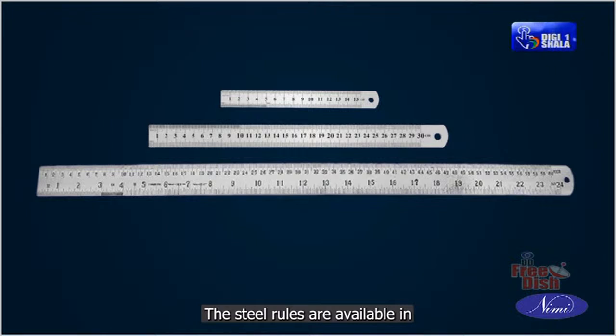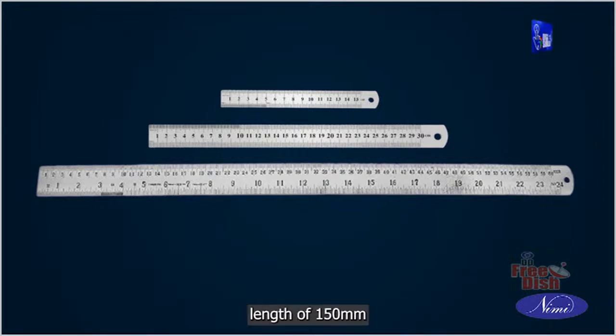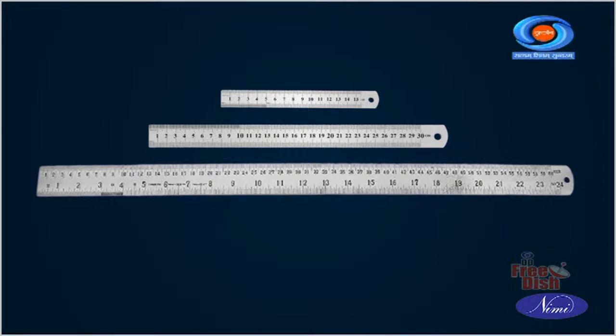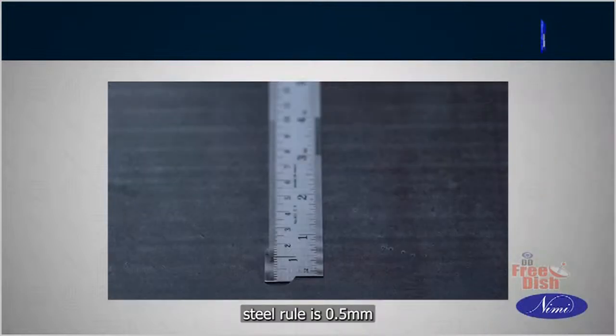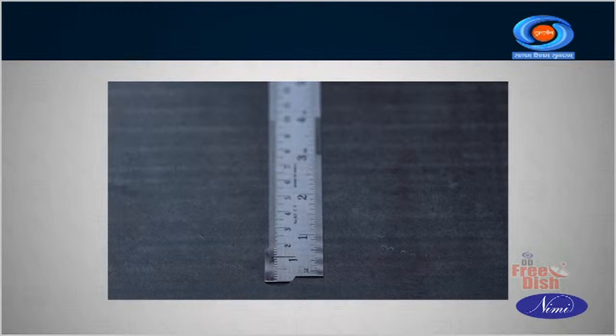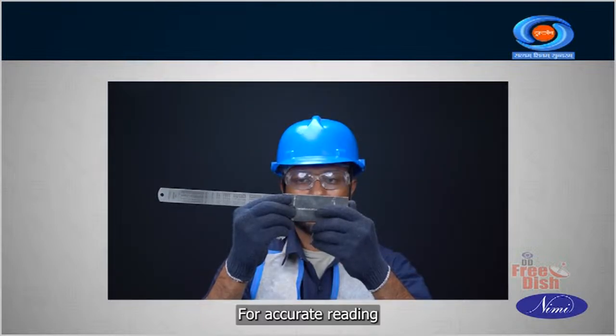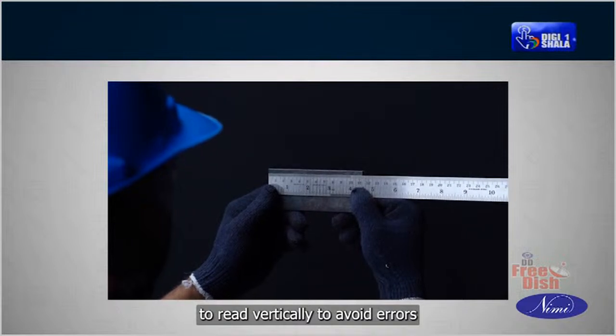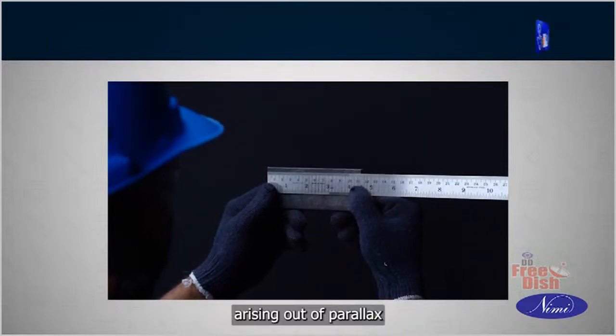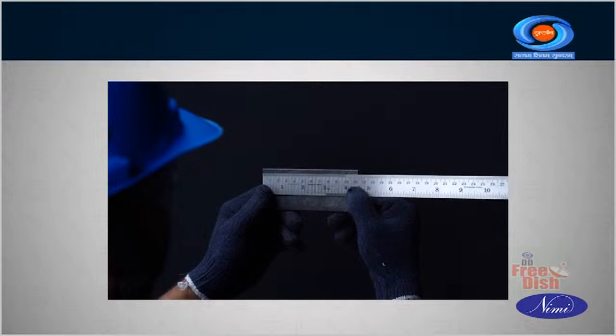The steel rules are available in length of 150 mm, 300 mm and 600 mm. The reading accuracy of steel rule is 0.5 mm. For accurate reading, it is necessary to read vertically to avoid errors arising out of parallax.